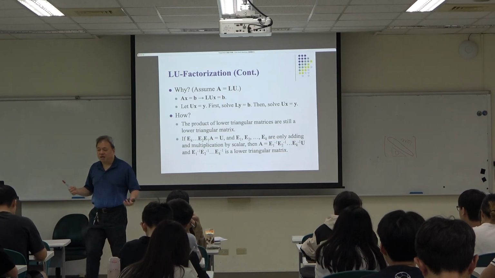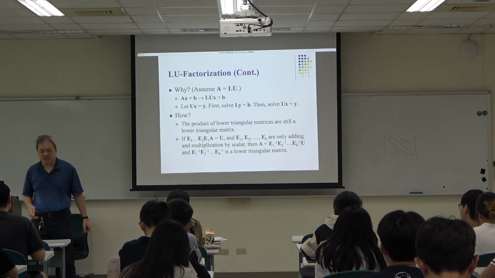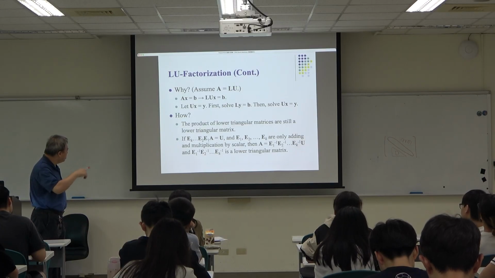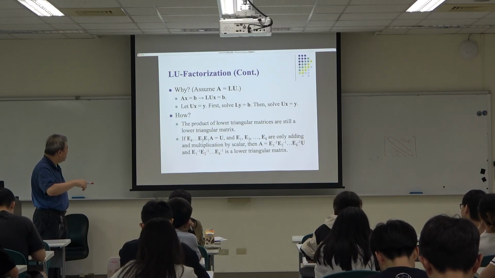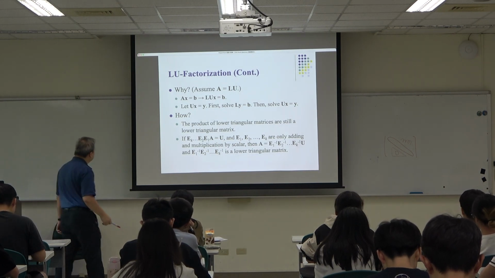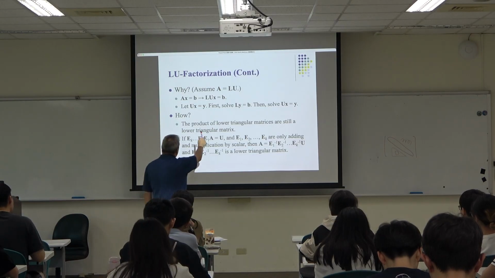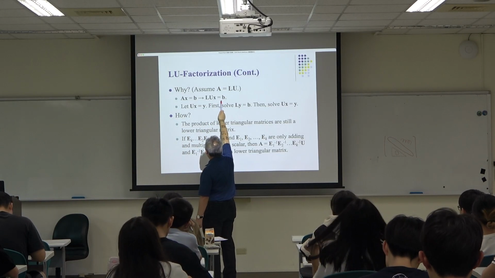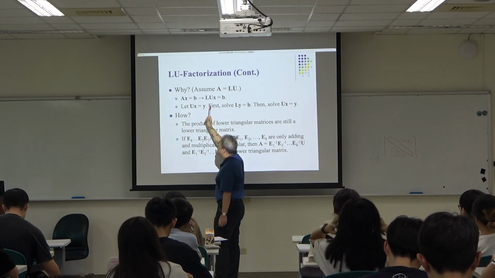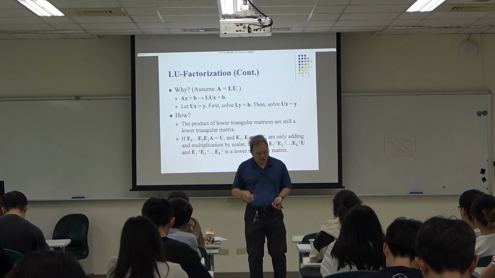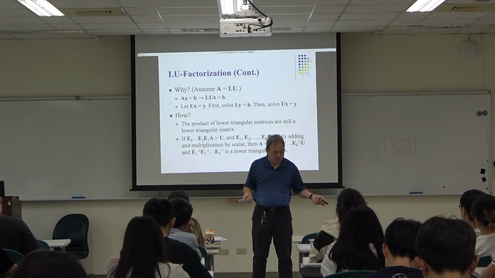If A can be written as the product of a lower triangular matrix and an upper triangular matrix, then obviously A becomes LU, so LUX equal to B. Here L stands for the lower triangular matrix and U stands for the upper triangular matrix.